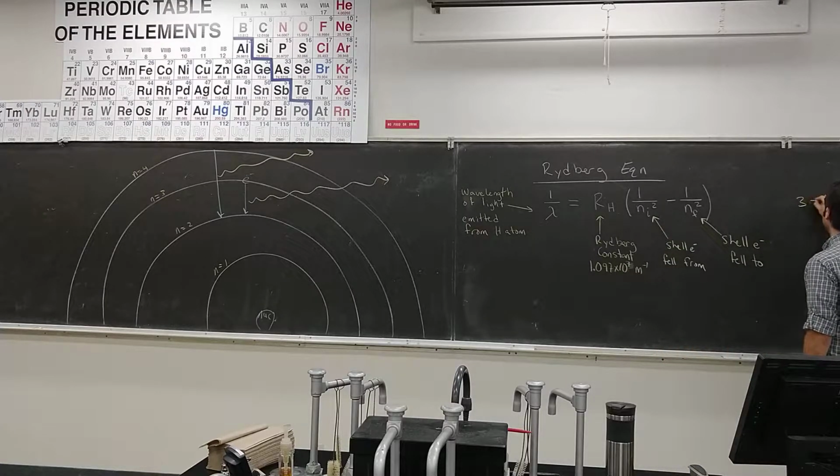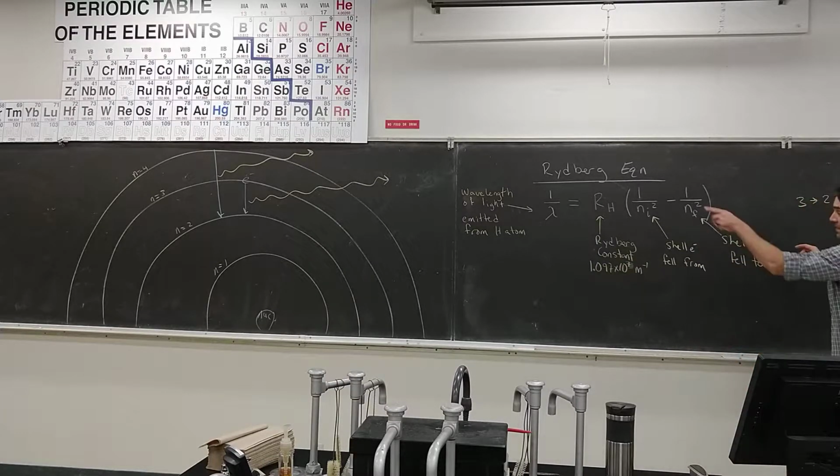So for the 3 to 2 transition, you can plug into your calculators and check me, but you're going to get 656 nanometers. Or actually, it's going to come out in just meters. So what you're going to get is 6.56 times 10 to the negative 7 meters, which is 656 nanometers.